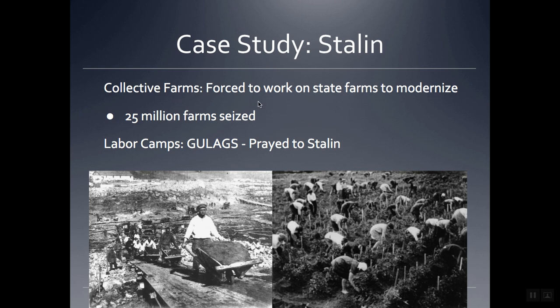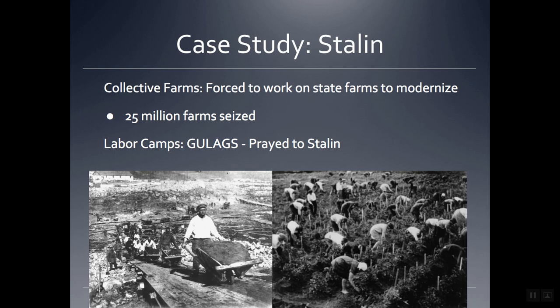So they forced everybody, and they started with the wealthy farmers and then moved on down the line. They forced them to work, instead of on their own farms, on their own land, making their own products. They worked on state farms, and they all had to work together on these farms.